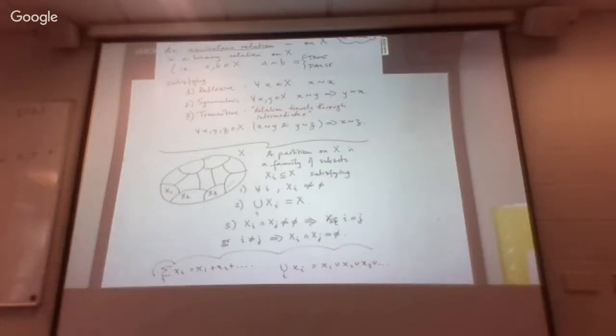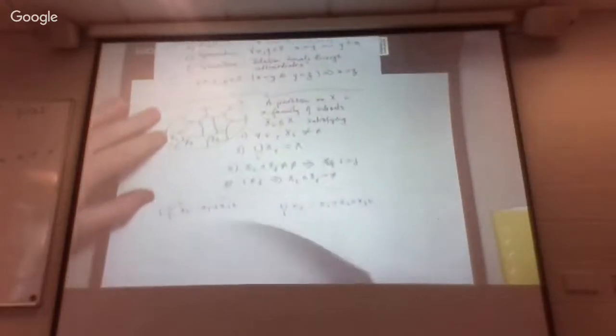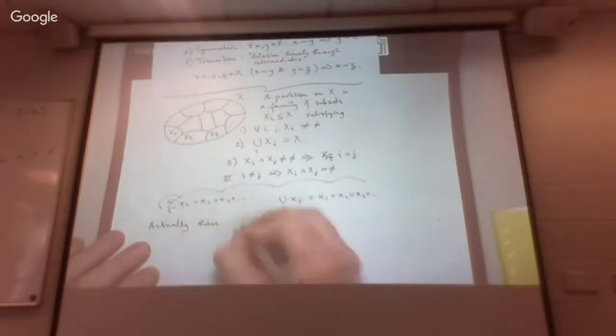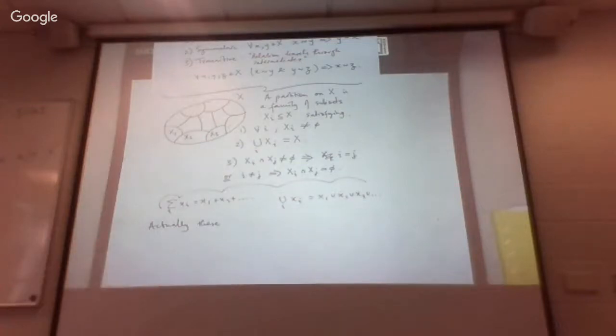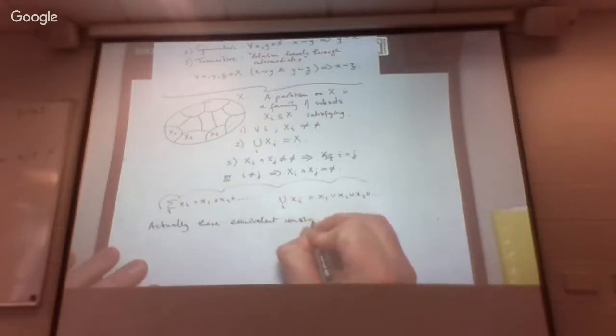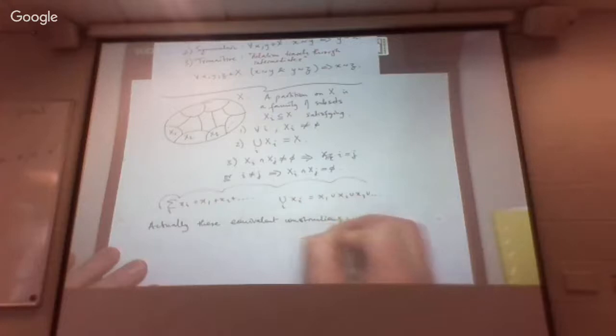But actually, the two go hand in hand all the time. So actually, these are, I hesitate to use the word equivalence because we're using it, these are equivalent constructions. What do I mean by that?